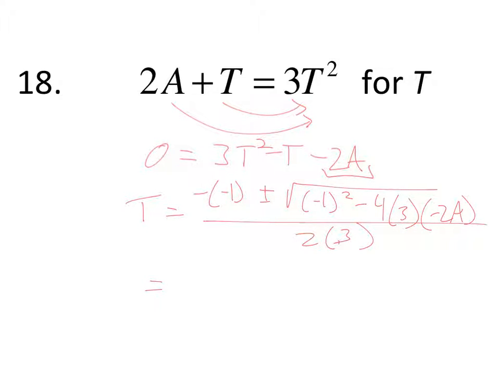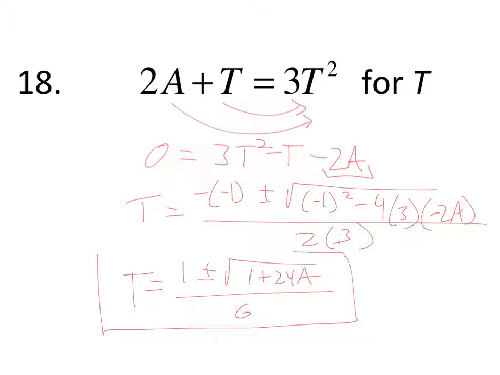So we get positive 1 plus or minus the square root of 1 plus 12 times 2, that's 24a, all over 6. And t equals, that's all we can do.